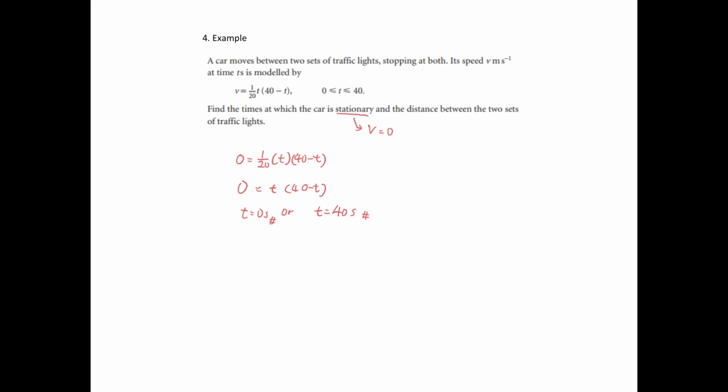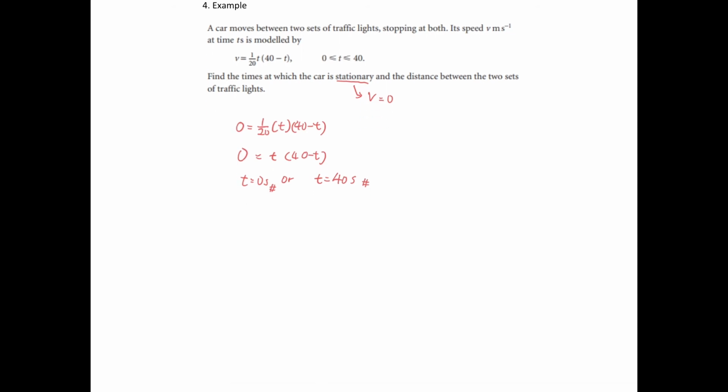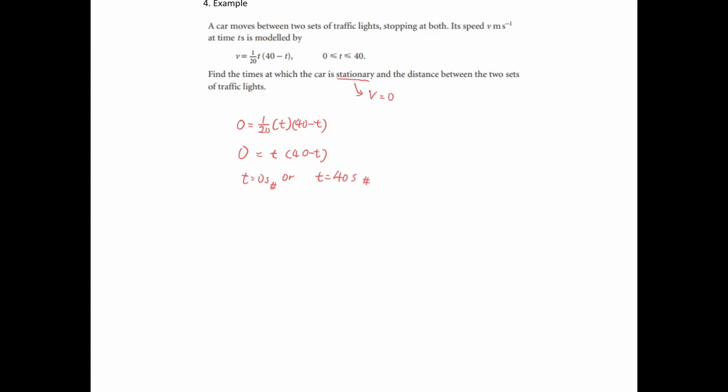The question asks for the distance between the two sets of traffic lights. Now imagine that what we have here is a quadratic function. If you consider the t squared term, it is actually a negative term. Imagine if I expand it: I multiply this with this, and then with that.